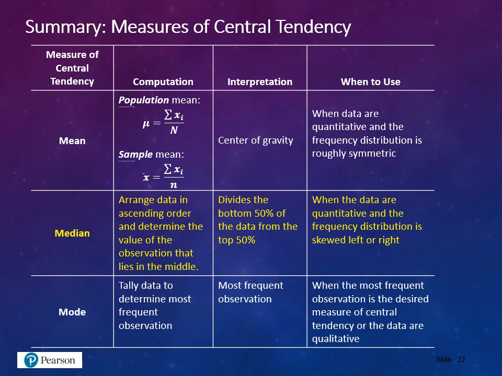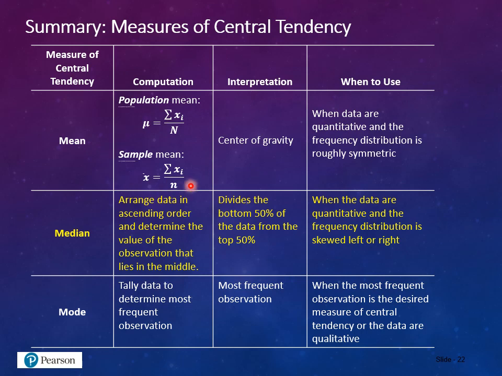So looking back across this section, the measures of central tendency are mean. And remember, this is kind of the center of gravity or average. We had two different kinds of mean. One was the population mean. If we had data on the entire population, this was represented by mu, and it was all of the observations divided by the total population.